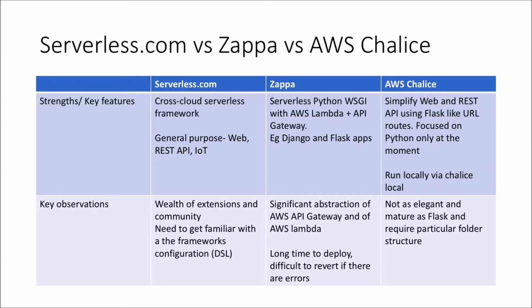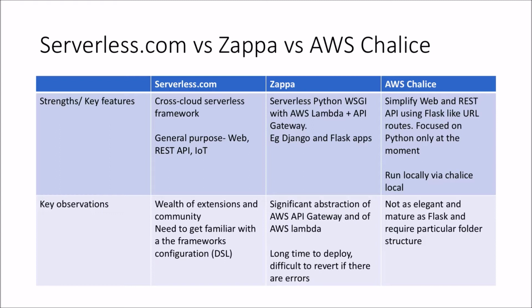And then finally, in the case of AWS Chalice, I found that what they've effectively done is basically copy the URL routing of Flask and the deployment commands or process that Zappa used, and lifted that model and embedded it into AWS Chalice.